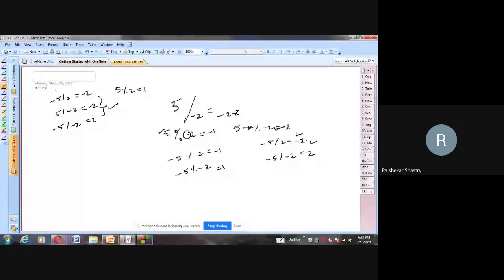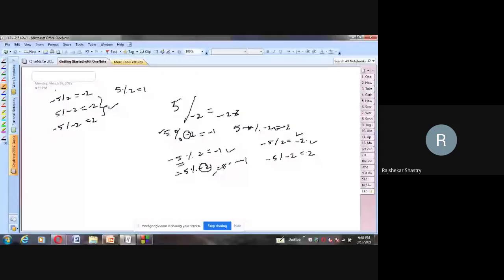So in these cases, it is minus 1. Let me write. In this case, it is minus 1 because the numerator is negative. And in this case also, it is minus 1, even though the denominator is minus. Is this clear, sir? Important. For the ordinary division, the same mathematical rules are applied.